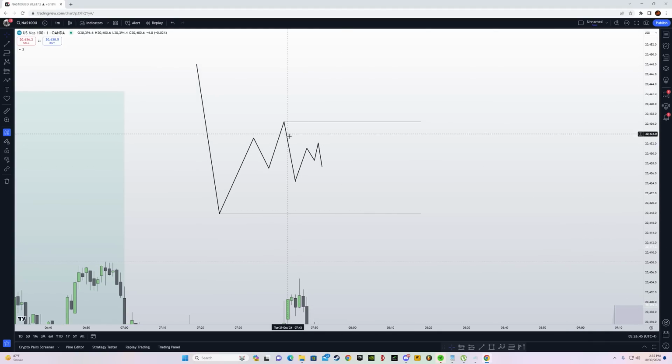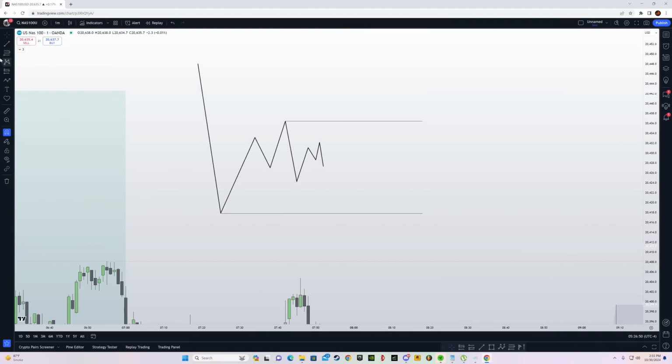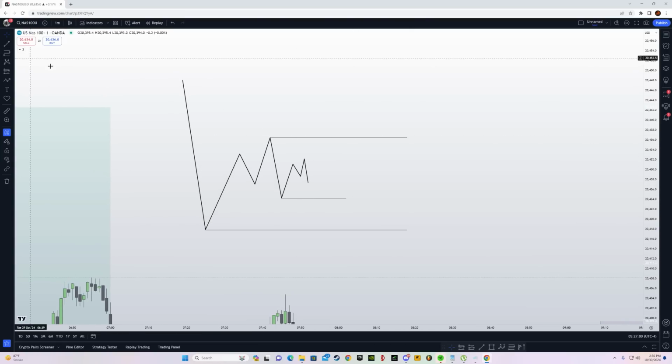Now notice we push down inside a range. So what does that make? This is range low inside a range. So forget about the external range. We are talking about the internal range. We have range low, price pushes back up, pulls back up, creates a higher high, higher low, higher high, market structure shifts. So that is what?